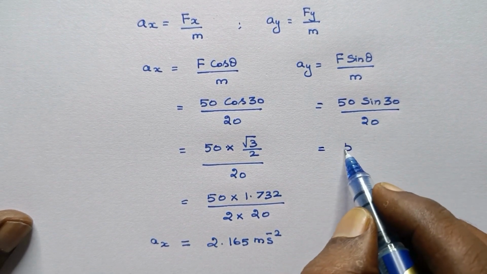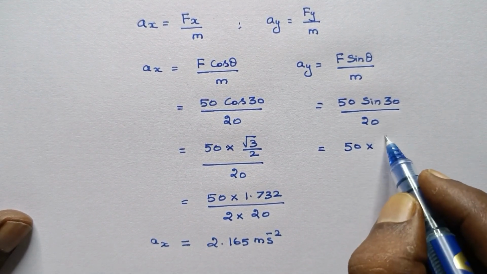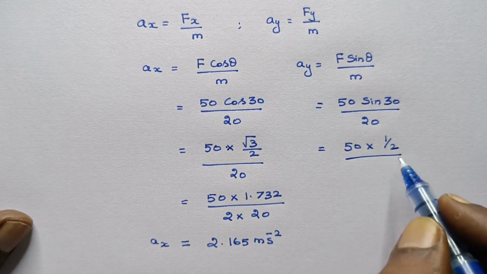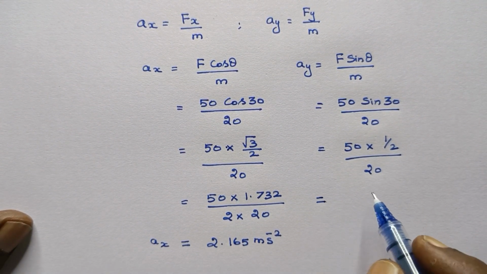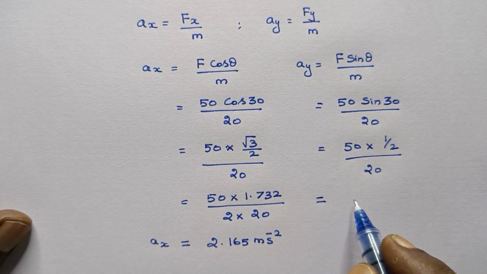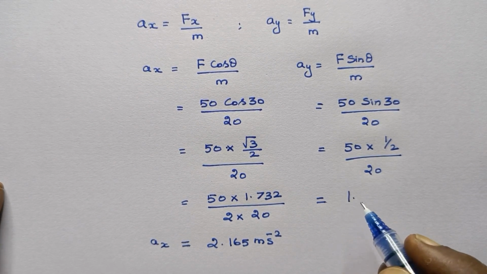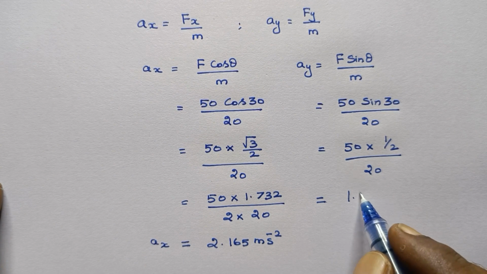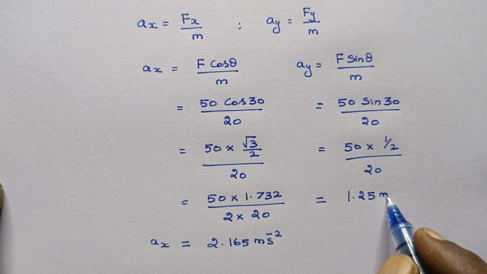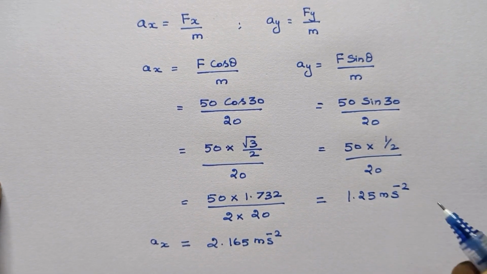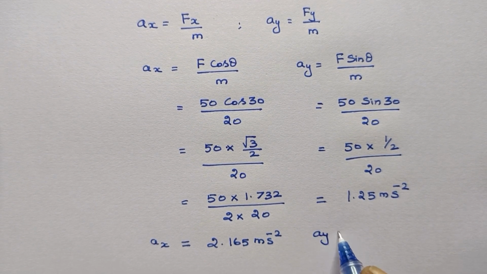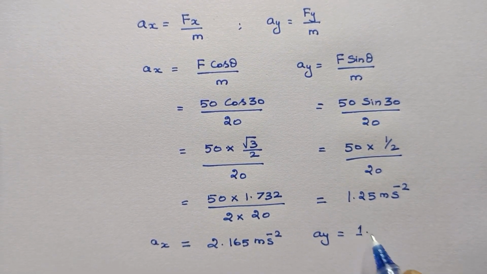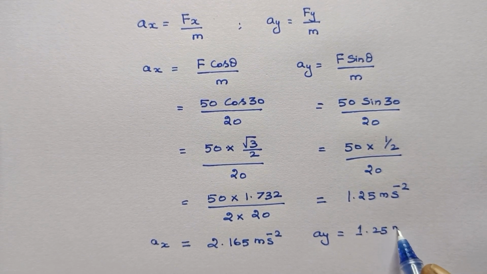So this is equal to 50, sin 30 is 1 by 2, divided by 20, and this will give you 1.25 meter per second square. So this is the value of Ay. Ay is equal to 1.25 meter per second square.